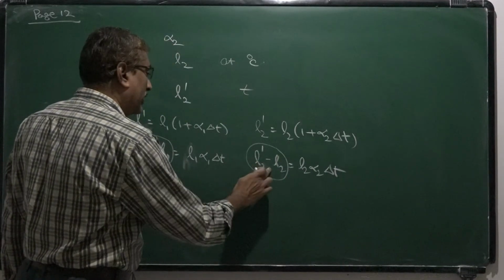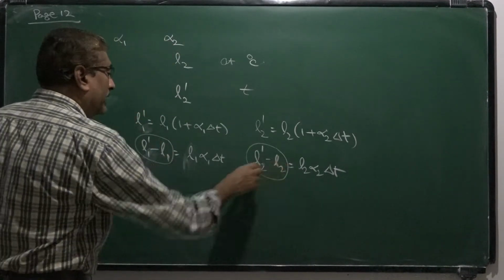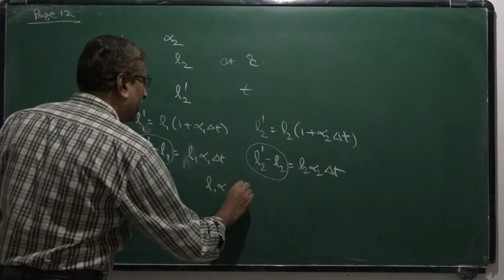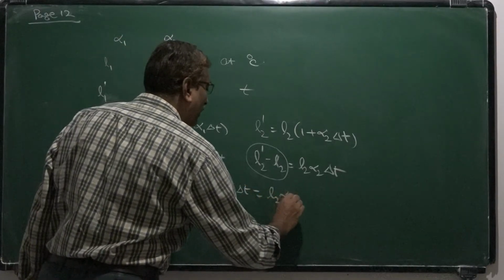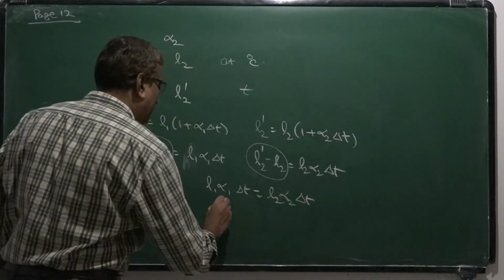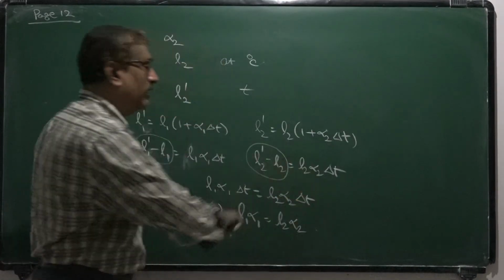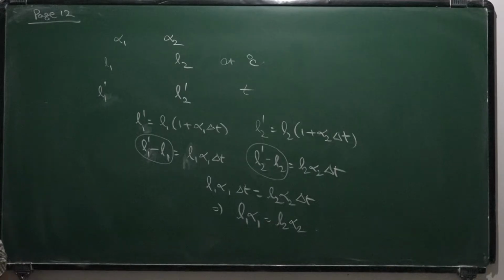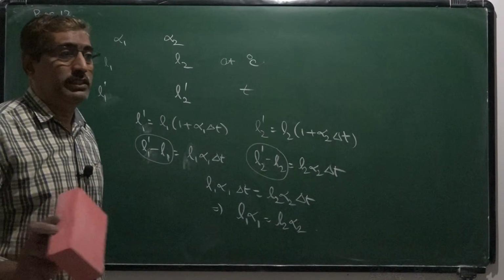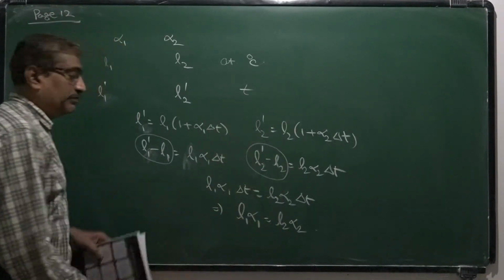That means these two are same. So we can write directly L1 alpha 1 delta t equal to L2 alpha 2 delta t. That means L1 alpha 1 equal to L2 alpha 2. So this is the condition such that the difference in lengths remains constant at any temperature.